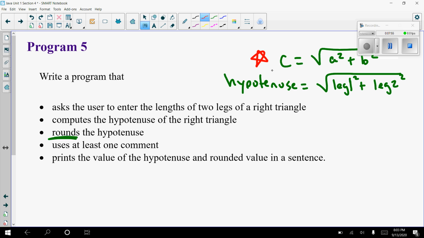Now think about it this way. Remember I said c equals the square root of a squared plus b squared. We should know how to do bases and exponents. So your bases are the two legs, and your exponent's always 2, so that doesn't have to be a variable. And then you have the square root. So that is program number 5.